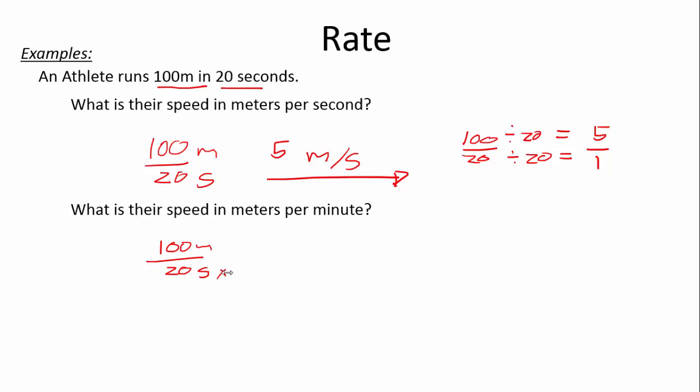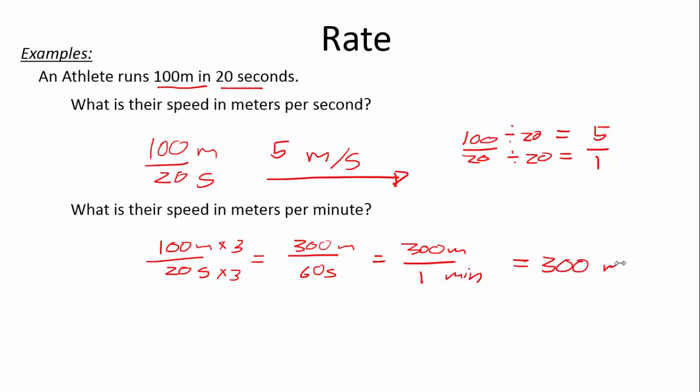You times by 3, and that is equal to 60 seconds over 100 times 3 is 300 meters in 60 seconds, which we know is the same as 300 meters per 1 minute. So you can say that he is going at 300 meters per minute.